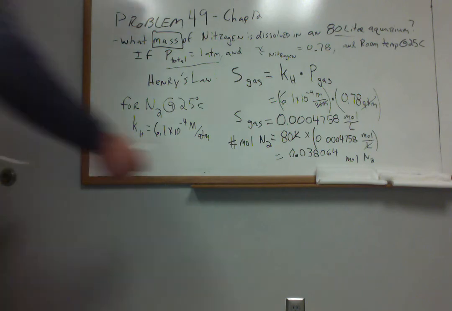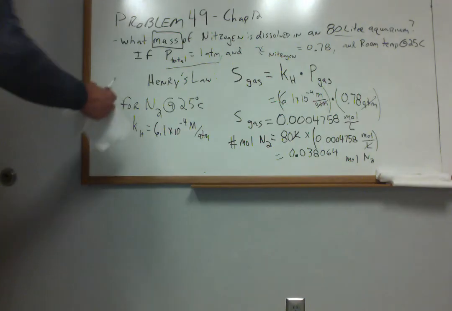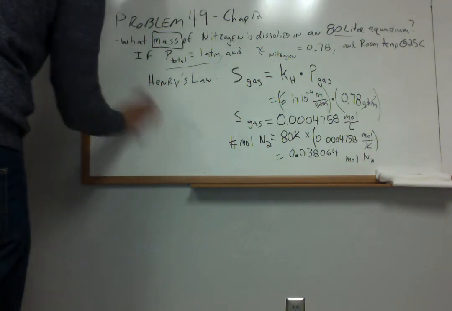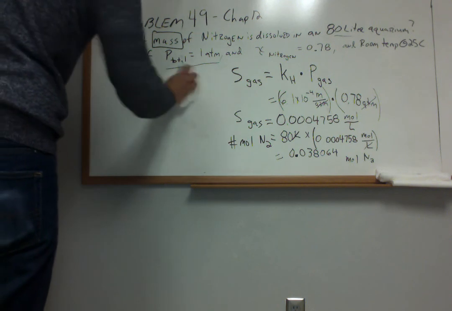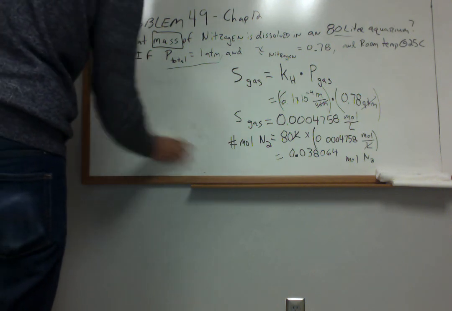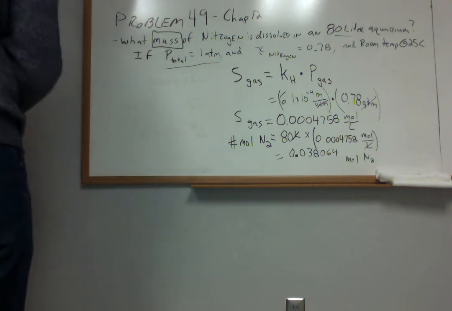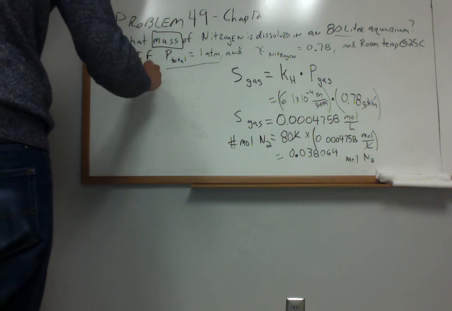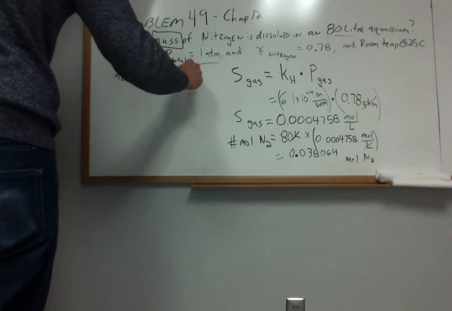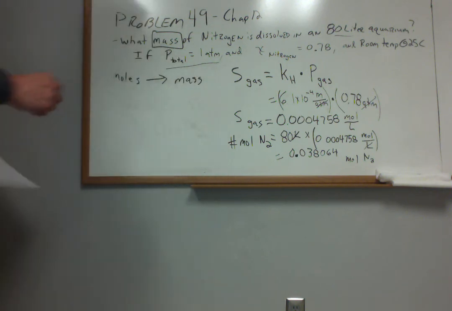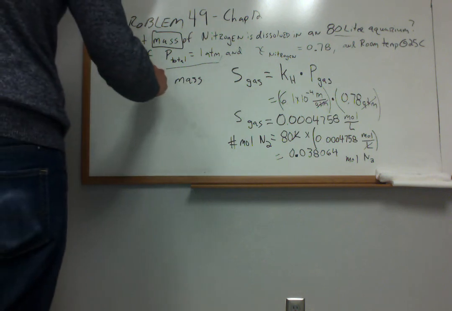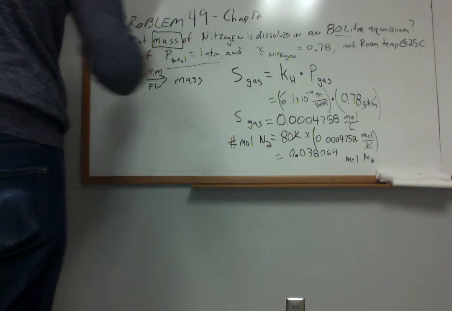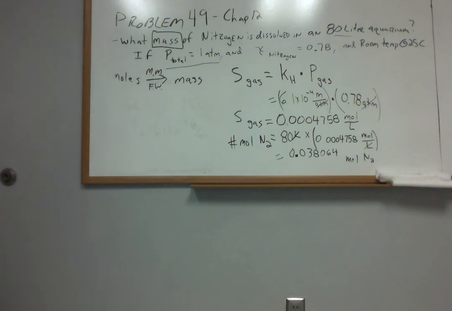Okay, now, fortunately, I think this will be pretty easy for most of y'all, because you've done this in General Chemistry 1. It's a very common skill, very important skill. We're going to go from moles to mass. We do so by using our molar mass or formula weight of our material.